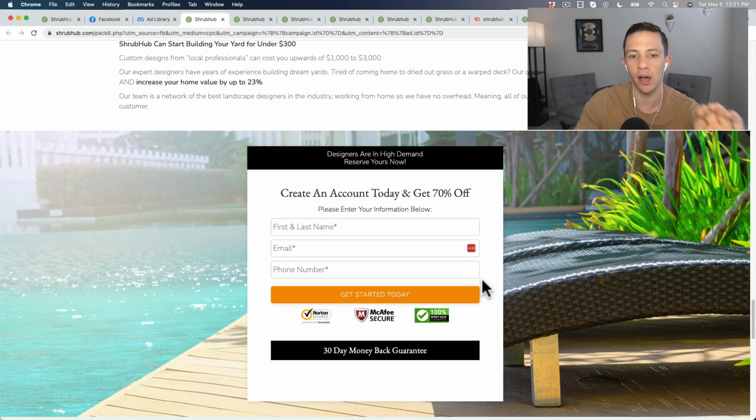So what they've done is they've basically turned this into a lead magnet. The get pricing, or get to the next step, is a lead magnet. A lot of times people will be like, let me just click on this to see what's on the next page. Well, here you can't do that unless you input your information and become a lead.